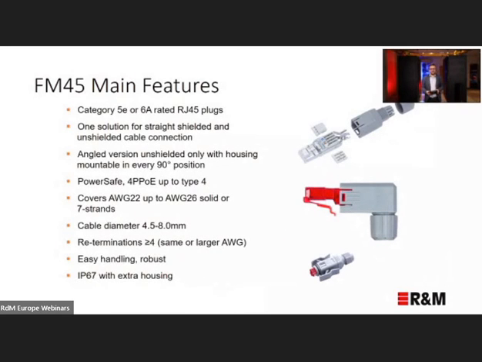The product is available in two categories, category 5E and category 6A. In some places, it's very easy to use an angled housing, so that's why we have this option too in our offer.